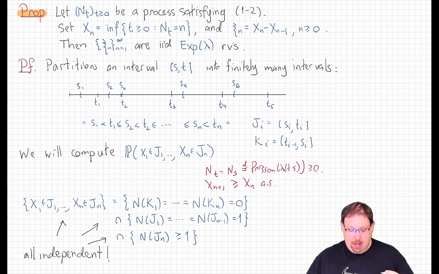So let's make them actually increasing, which is a stronger constraint. That is, let's fix a partition of intervals. S_1 up to T_1 is going to be J_1. S_2 up to T_2 is going to be J_2. Up to S_n up to T_n is J_n. So in this picture here, J_1 is here, J_2 is here, and so on.